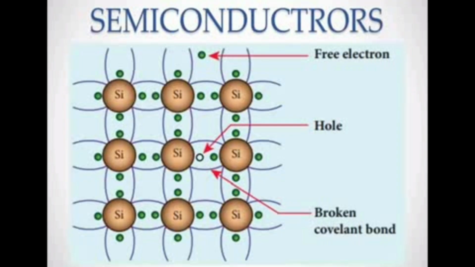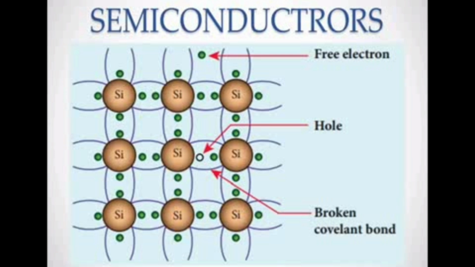Another one is the extrinsic semiconductor. Extrinsic semiconductor means that impurities are added to the intrinsic semiconductor. Impurities mean that other atoms are added to the purest form of atoms. The process of adding impurities to the intrinsic semiconductor is called doping.